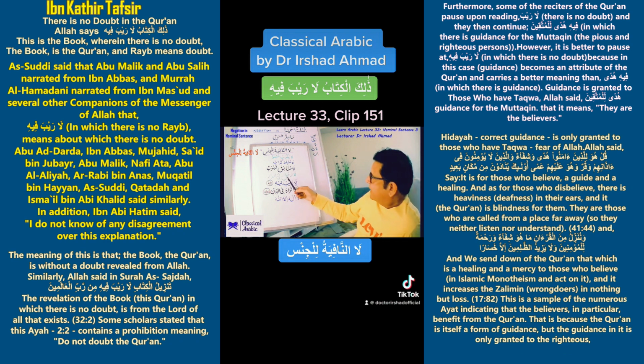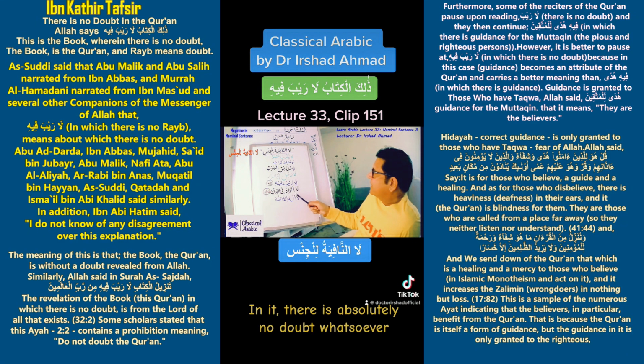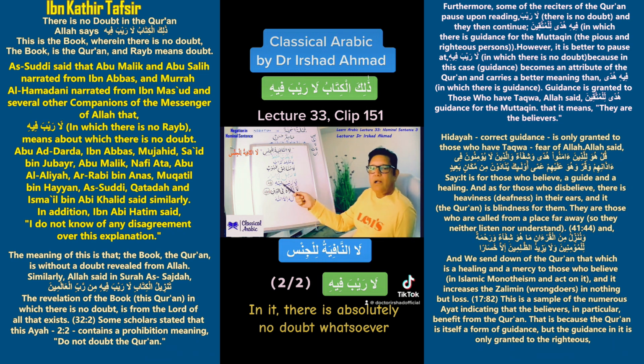And we look at examples from the Quran that will further elaborate it. This is Surah Baqarah, right at the beginning. Alif Lam Mim, Zalikal Kitabu La Rayba Fihi. This is the book in which there is absolutely no doubt whatsoever. So it's not Raybun, it's not Rayban, it's not Raybin, it's not Al Raybu, Al Rayba, Al Raybi.